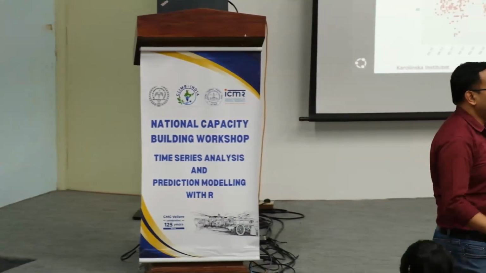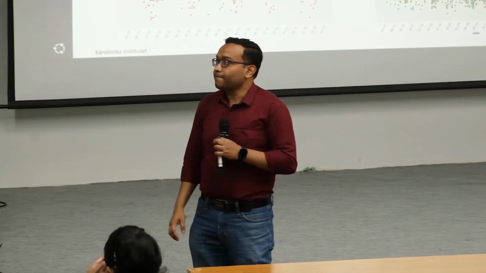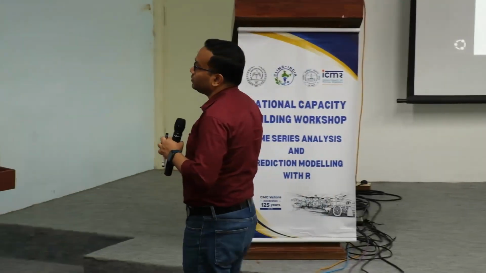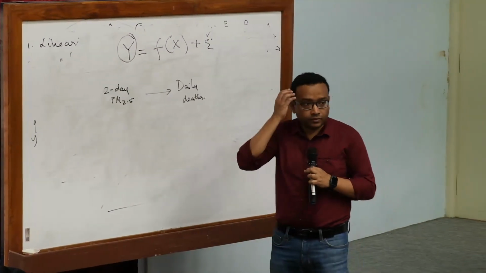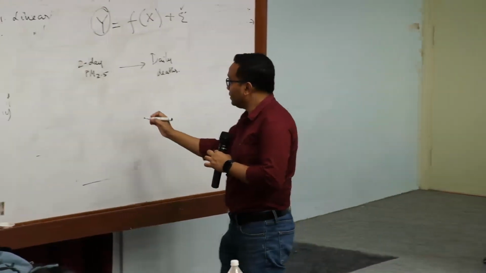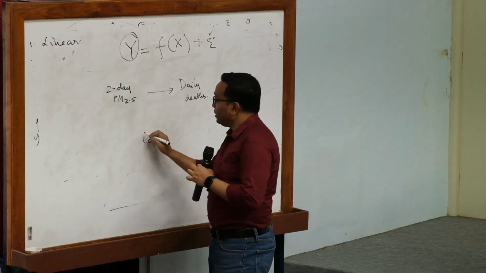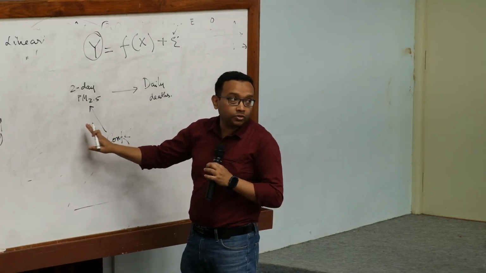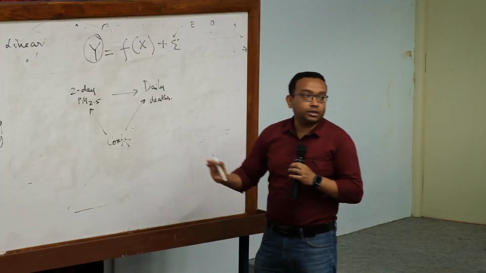So what are the confounders in this analysis? A confounder is what? It will have information about the last 2 days PM 2.5, and it will also have information about the daily deaths, right? So that's a confounder.